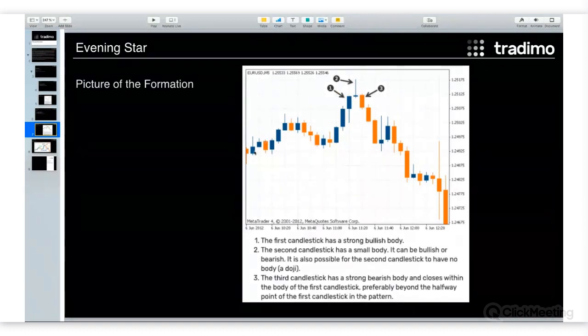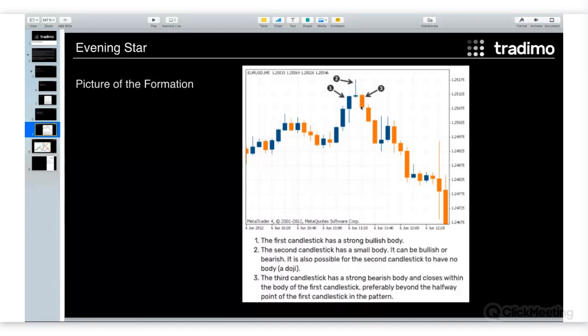And here, the evening star formation looks like this. You have a very clear uptrend, especially these big candles here. Then a bullish candle followed by a bearish or a bullish one, it doesn't matter. The only thing that matters is that the candle has a very small body and a very long wick to the upside, which marks new highs, very, very important. And this three-candlestick formation is followed here by the last candle, the bearish candle.